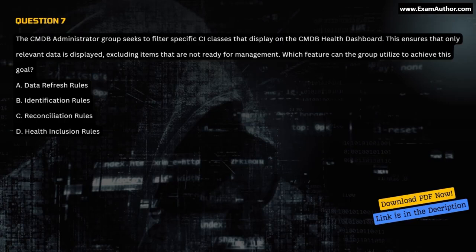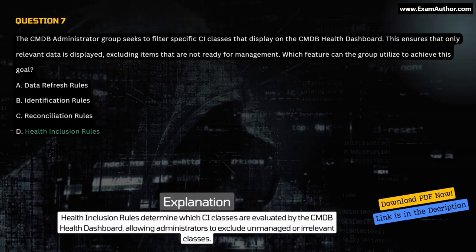C. Reconciliation rules. D. Health inclusion rules. Correct answer D. Health inclusion rules. Explanation. Health inclusion rules determine which CI classes are evaluated by the CMDB Health Dashboard, allowing administrators to exclude unmanaged or irrelevant classes.